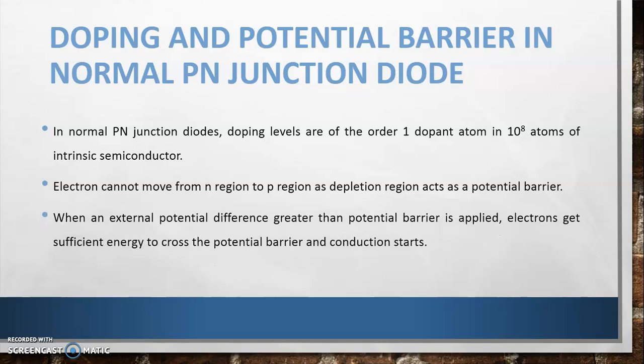When an external potential difference greater than the potential barrier is applied, electrons get sufficient energy to cross the potential barrier and conduction starts.